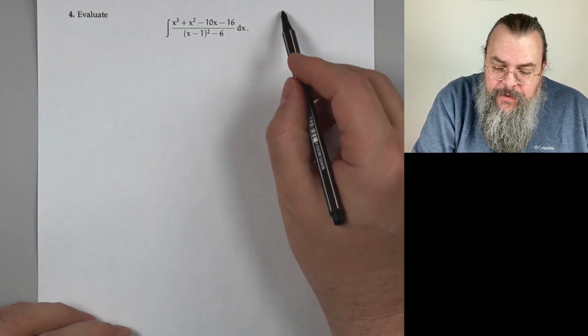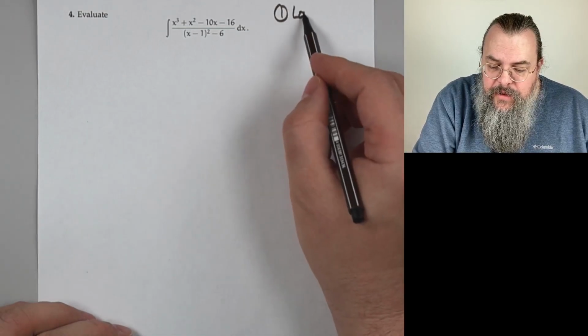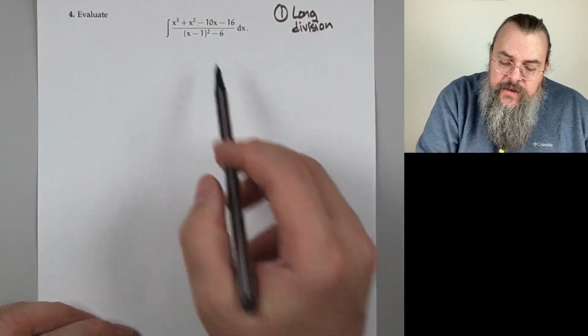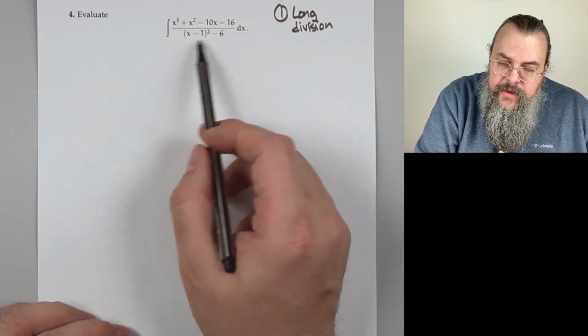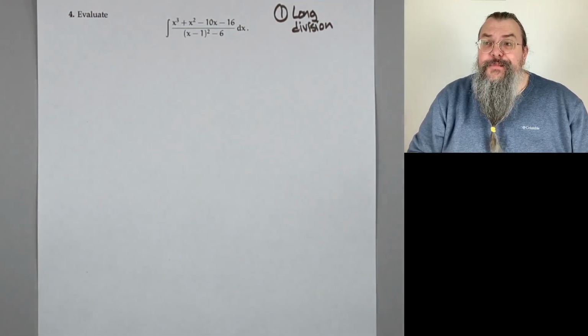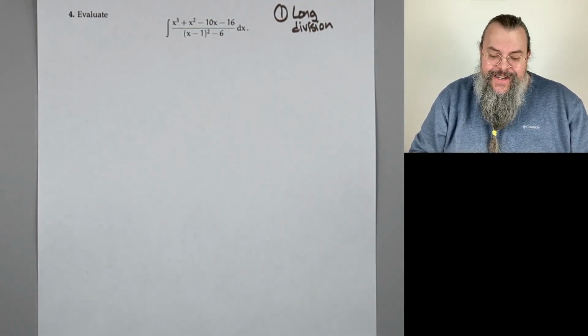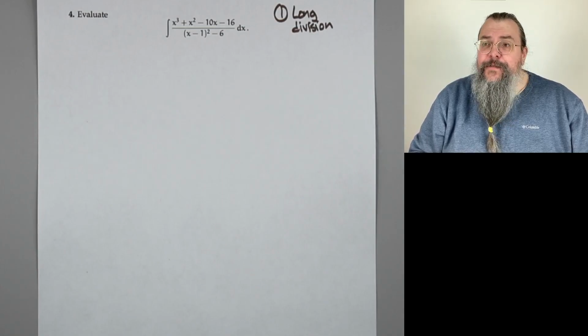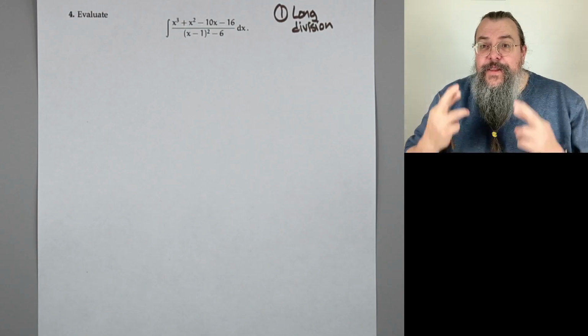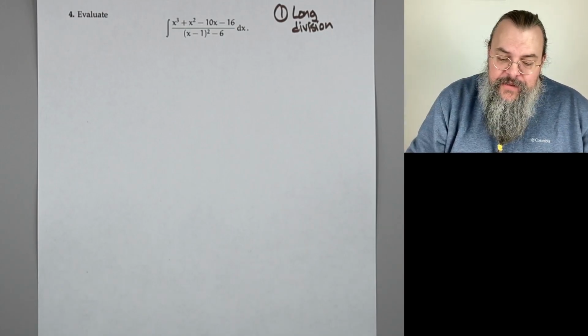So step number 1, we're going to do some long division. On a side note, x minus 1 squared minus 6 is not a very pleasant thing to factor. It's going to have some really weird numbers. So let's hope that after long division, they were nice to us and something happens.